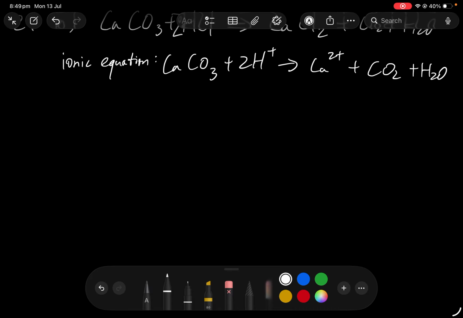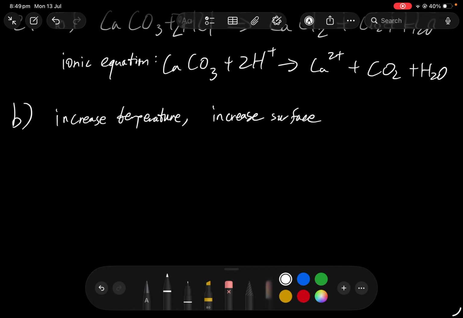And for part B, it asks, give 3 ways a student could increase the rate of reaction, and explain how each change causes an increase. So you can increase temperature, increase surface area, or use a catalyst. The catalyst and temperature we have talked about before, so it's the same explanation.